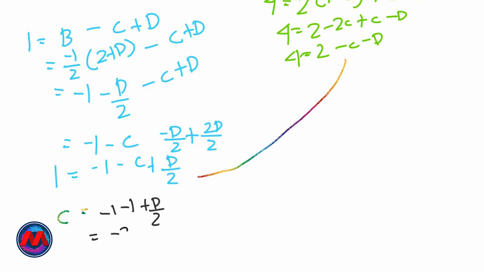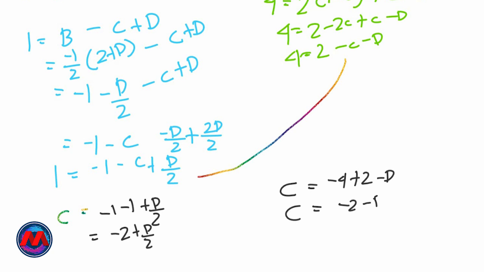Simplifying it, that's negative 2 plus d over 2. Sa kabila naman, transpose natin yung c sa kabila, so magiging c, positive na yan. 4, magiging negative 4 plus 2 minus d. Simplifying that, c is equals to negative 4 plus 2 is negative 2.